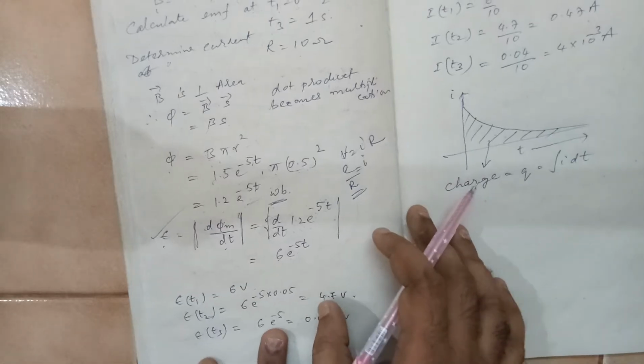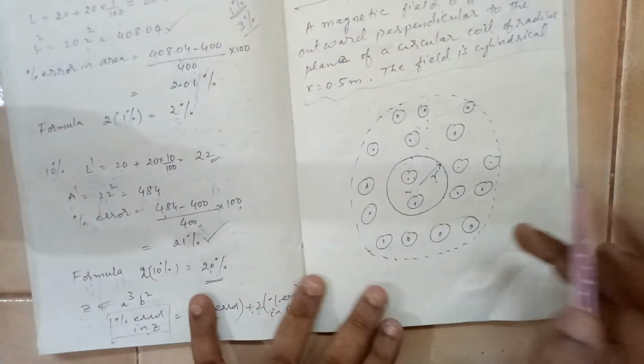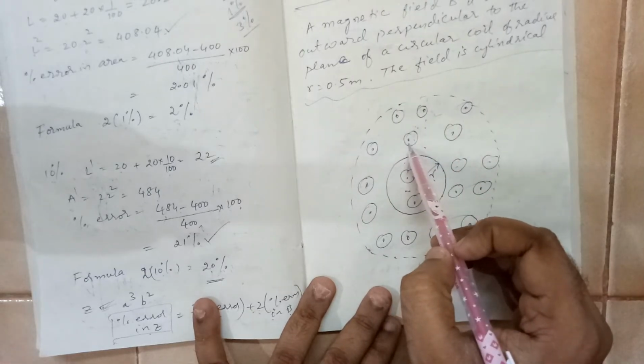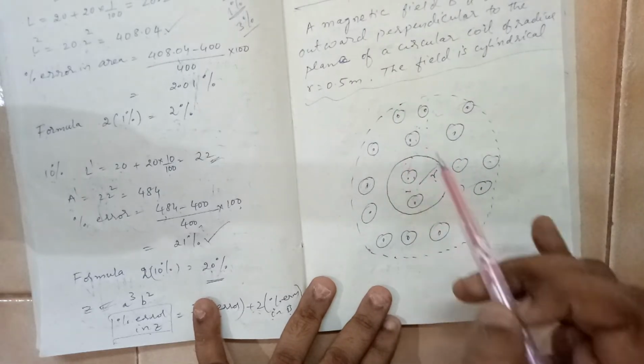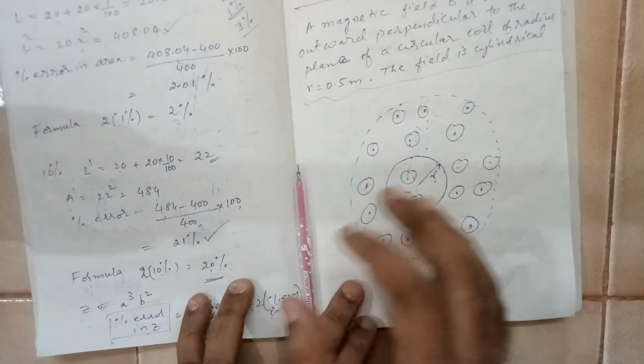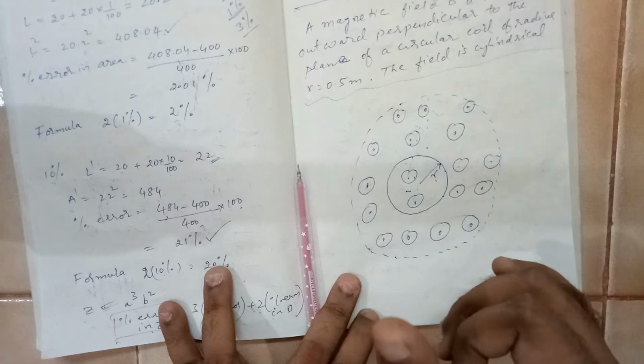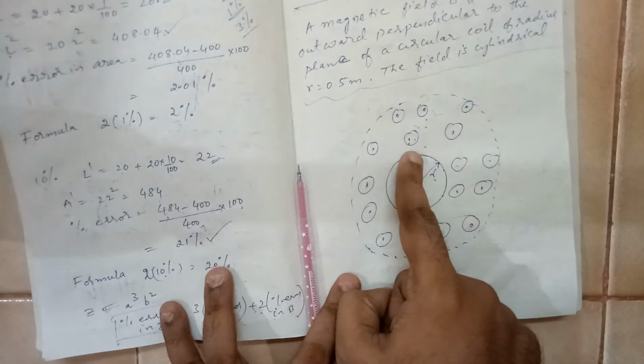Now how to find the direction of current? You see this magnetic field is pointing out of page. In the previous video we discussed, if you want to find the direction, you place your thumb in such a way that your thumb direction should oppose the B direction.